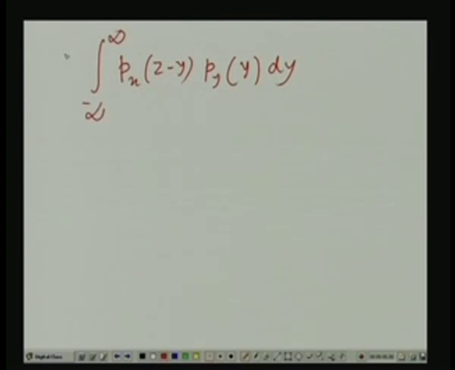How to carry out this integral graphically. Okay. You plot say p y of y, some function.